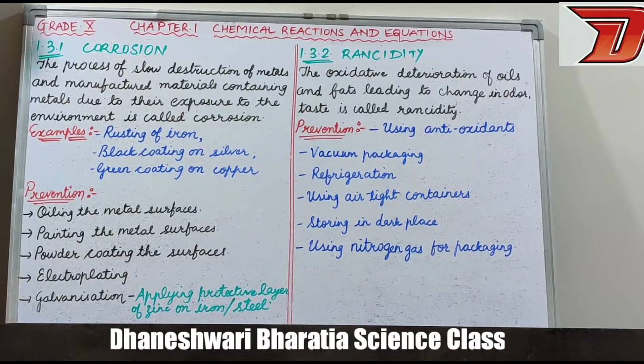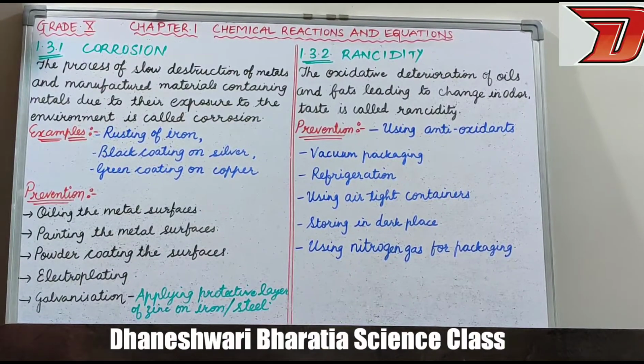Fine. Now few questions are given in your textbook on page number 13. Please open to that page. The first question is, why does the color of copper sulfate, that is CuSO4 solution, change when the iron nail is dipped in it? That is, which reaction is it talking about? Yes, exactly. It is talking about the displacement reaction.